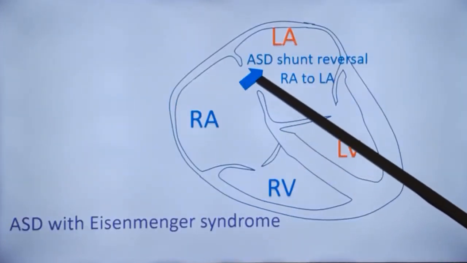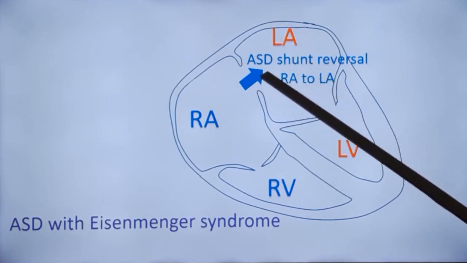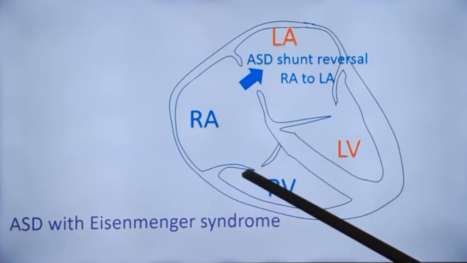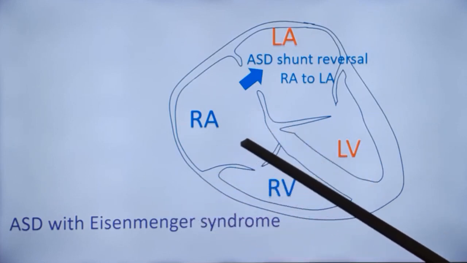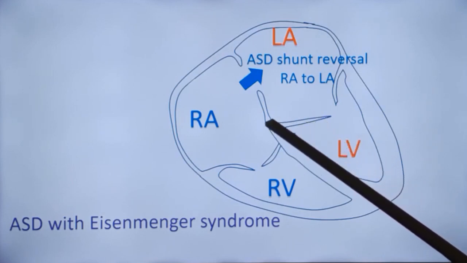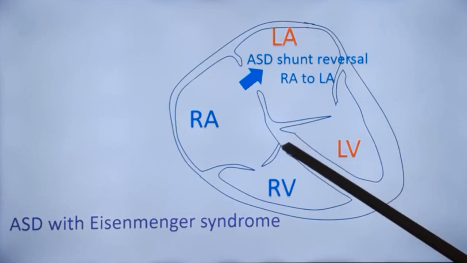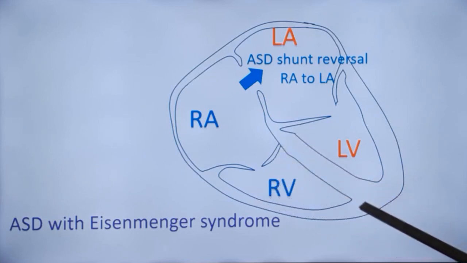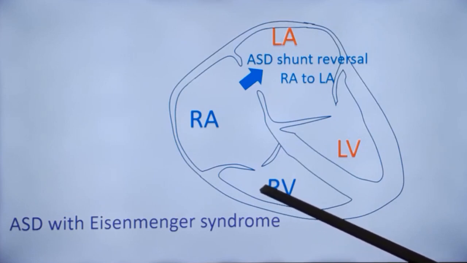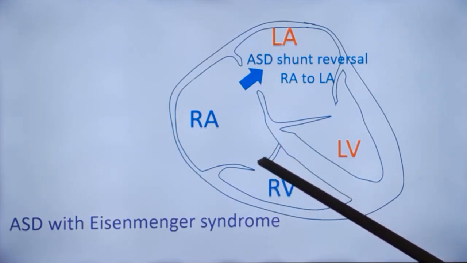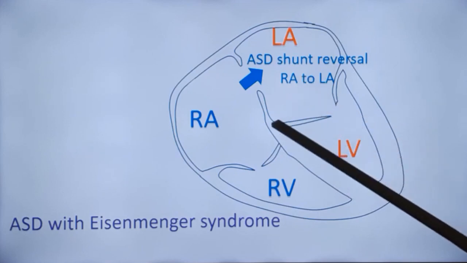Shunt reversal across ASD occurring in severe pulmonary hypertension secondary to large left to right shunt is ASD Eisenmenger syndrome. There are some important features differentiating ASD Eisenmenger from the other two varieties. In ASD, the shunt is established only when the right ventricular muscle regresses after birth. So it is a delayed onset of shunt, and larger shunts are common in large ASD.